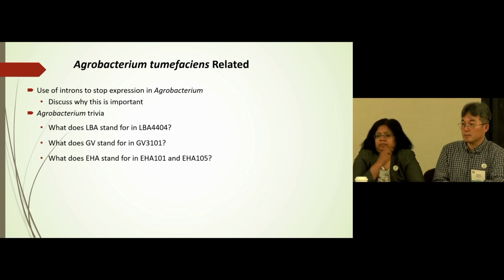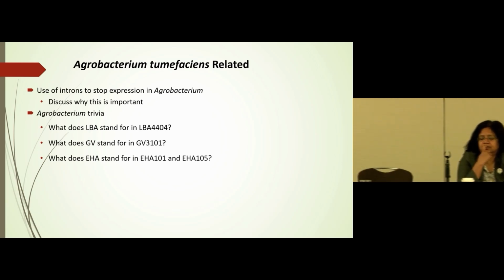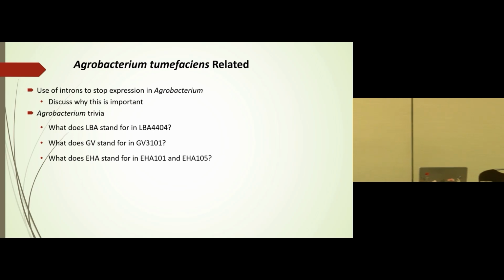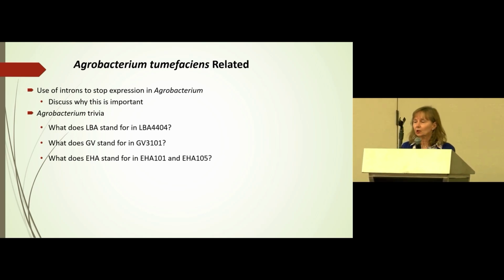All right, anything else? Okay, next slide. We heard a comment about using introns to help your gene expression, but also using introns so that you don't have expression in the Agrobacterium. An example is if you're using a reporter gene such as GUS or GFP without an intron, and you look at your material shortly after the transformation, you think, woohoo, successful, I see expression, but it could actually be coming from the Agrobacterium.